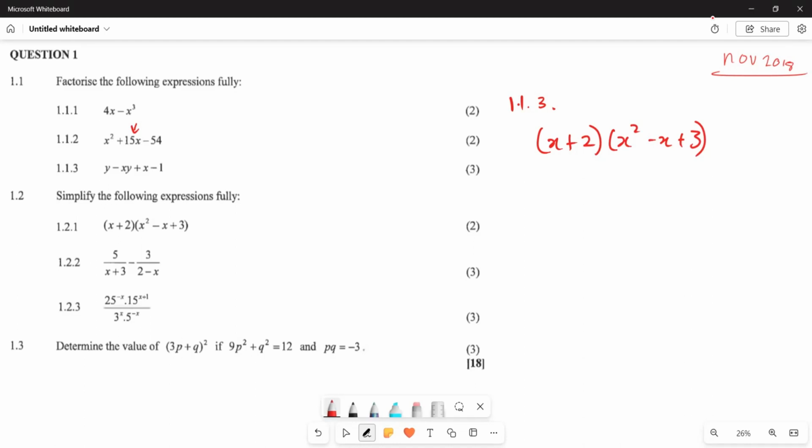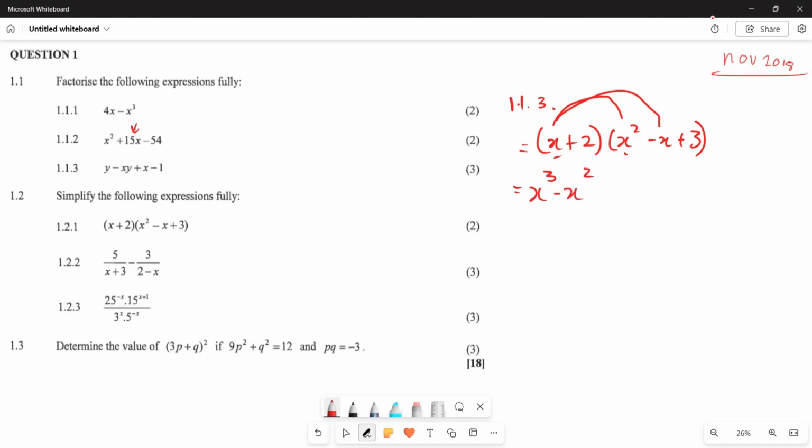So now this one we are going to simplify, and when you simplify, we are just going to apply our distribution method. Which means we are going to firstly multiply the first x with this x in here. When we do so, this is going to be same as x cubed. And then when you take the second one, you're going to have negative x squared.